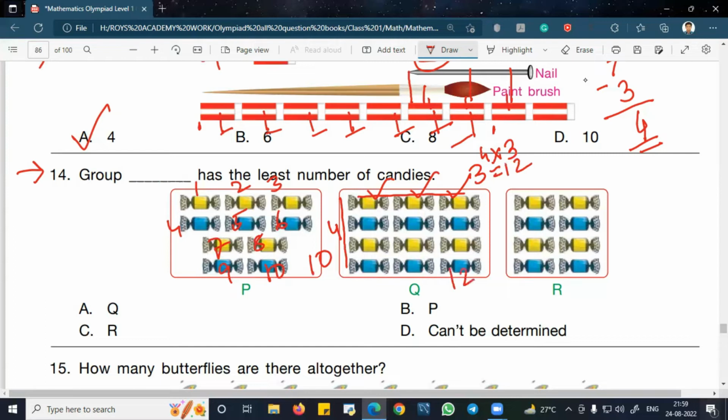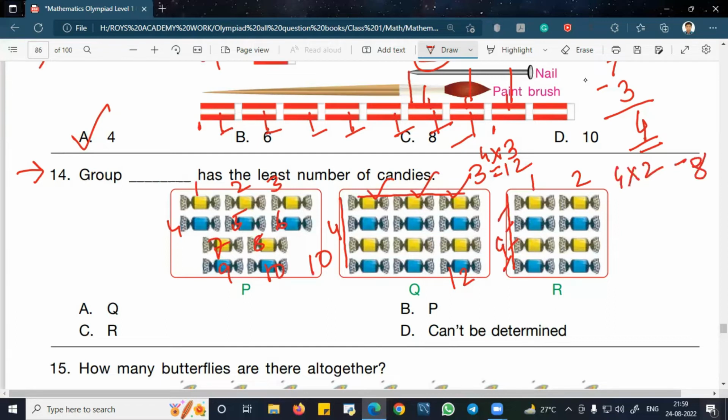Okay. Now we follow this process in the next box. We can see in a row there are 2 candies, and vertically, in a column, we can see 1, 2, 3, 4. So guys, tell me, there are 4 candies. So 4 into 2, we get 8 candies.